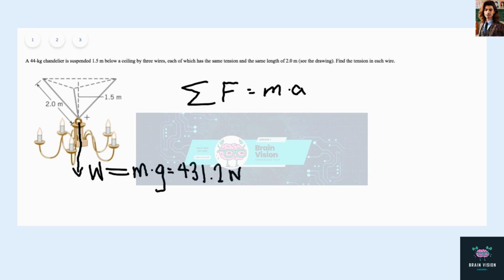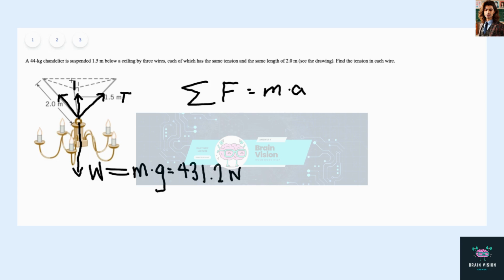The other forces that you need to include in your free body diagram are the 3 forces due to tension, each acting along one of the wires. Now, because all 3 wires are identical, they provide the same amount of tension. So your arrows should act along the wires, but all be approximately the same length in your diagram.